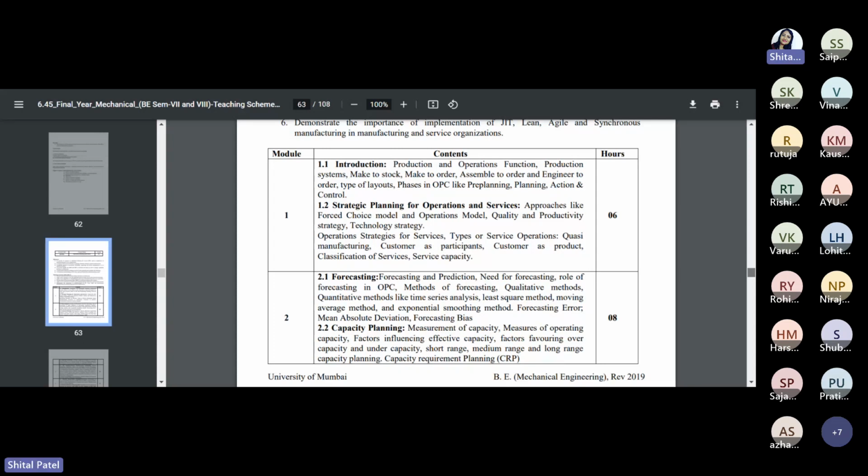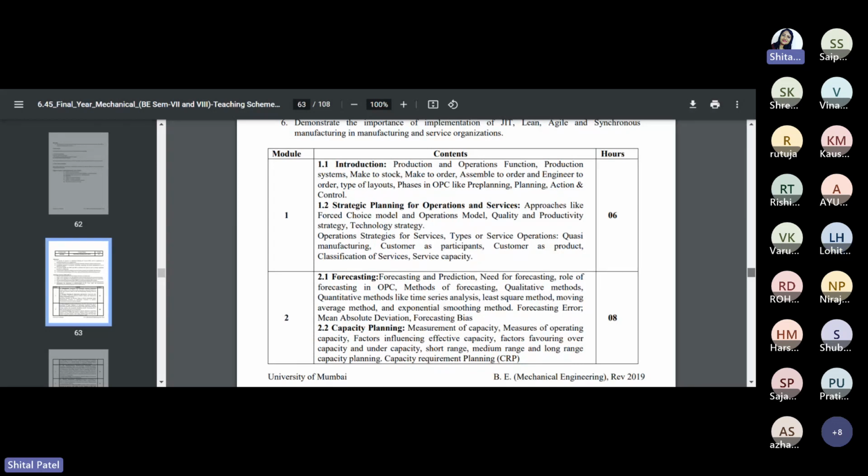The previous one, that is production and operation functions, that is a summary, right? Answers for both these questions are the same, but production and operation functions you need to explain as a summary, that is from 1 to 10, right? Okay.